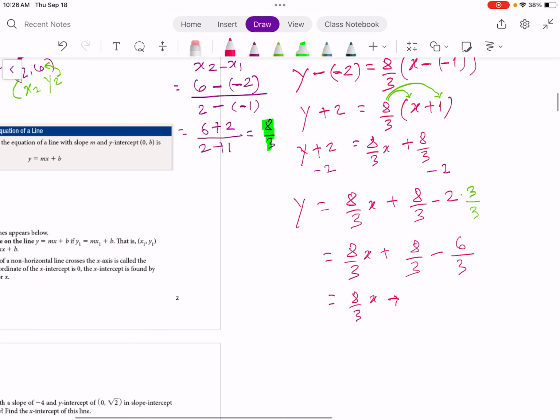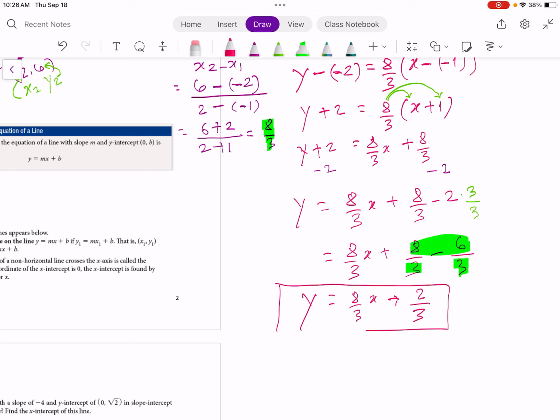Now we have a common denominator, so we can simplify the numerator: 8 minus 6 is 2, divided by 3. And this is the equation of the line. So y equals 8 over 3x plus 2 over 3. So if we have at least one point on a line, and if we know the slope of the line, we can always find the equation of the line.